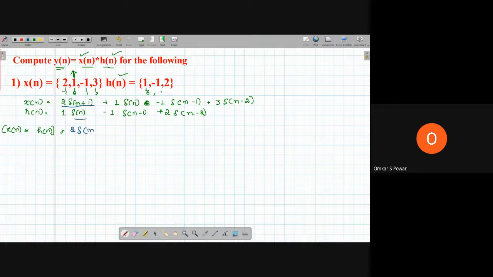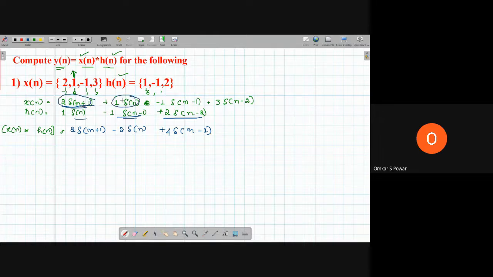Then 2 into minus 1 is minus 2, del of n plus 1 into del of n minus 1 is del of n, because the plus 1 and minus 1 cancel. Then 2 2s are 4, del of n minus 2 plus 1 is minus 1. So the first part is over.